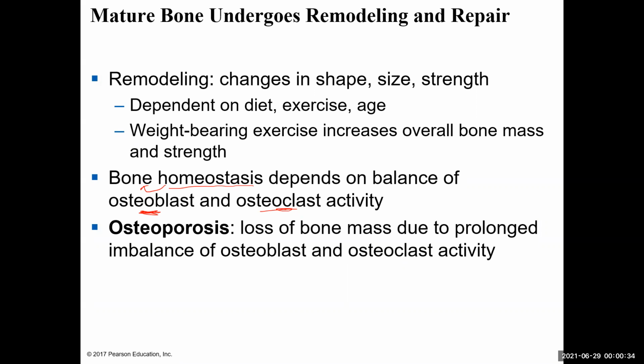Now, you've probably heard of osteoporosis. Osteoporosis is a condition where you lose bone mass due to an imbalance of these two cell types, so osteoblast and osteoclast activity.